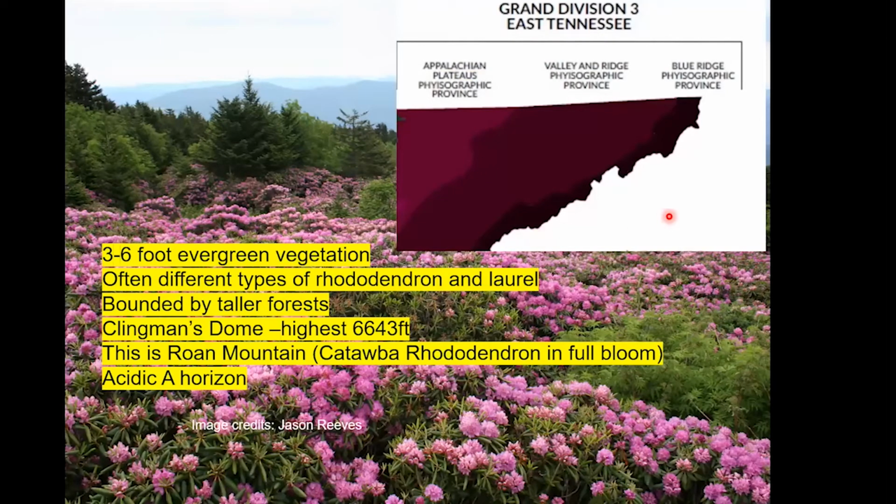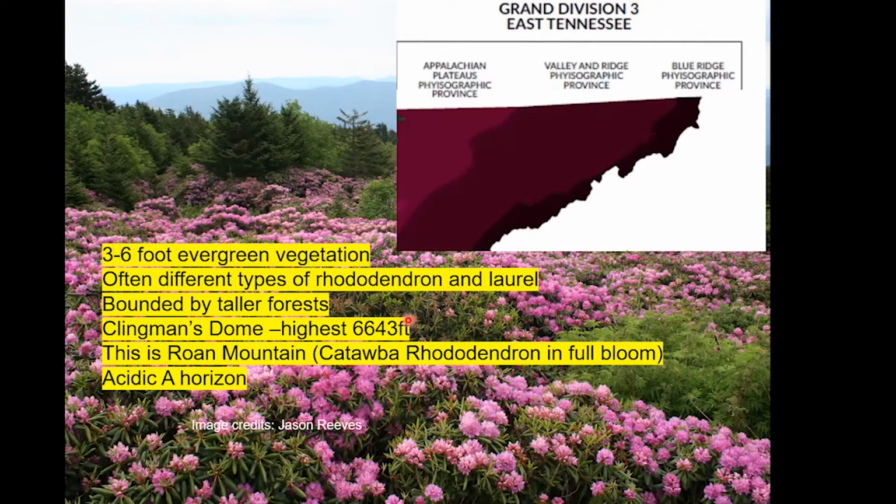So here we are still in the eastern Grand Region. This is at the very top of one of those areas. Clingman's Dome, which is the highest, is 6,600 feet above sea level. There are areas where you just don't see very high trees, but around the edges you might see some taller forests.